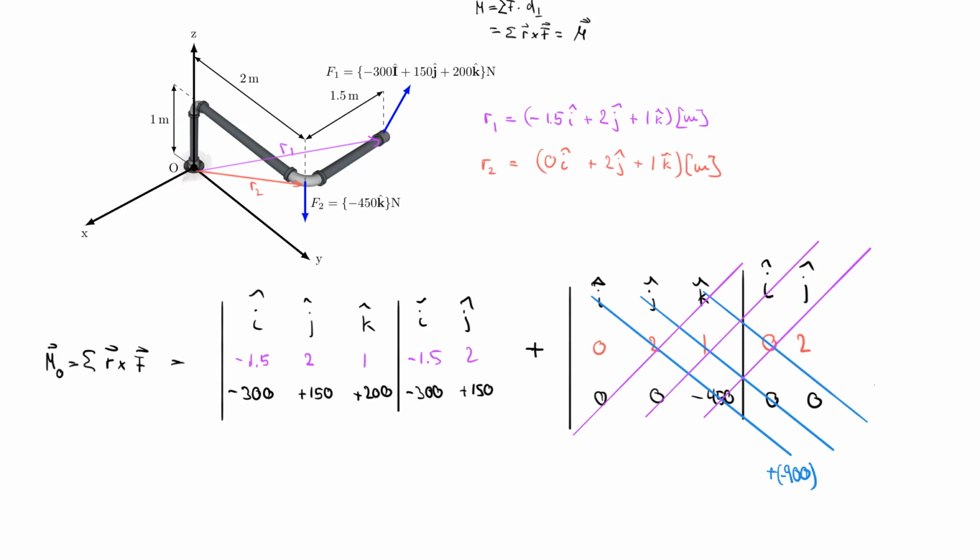And then now the fun starts. This is 0, this is 0. I don't have to worry about this. This is 0, this is 0, and this is also 0. So you see how easy that can work out. And why is that? That is simply because the 450 is acting downwards parallel to the z-axis and on top of the y-axis, right? So therefore, you only have really an i component.